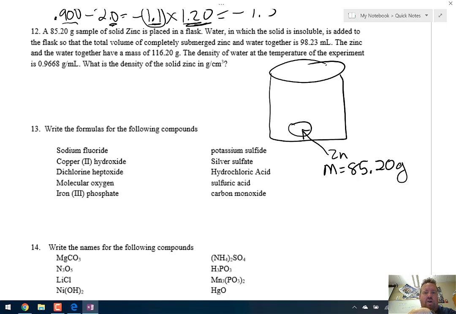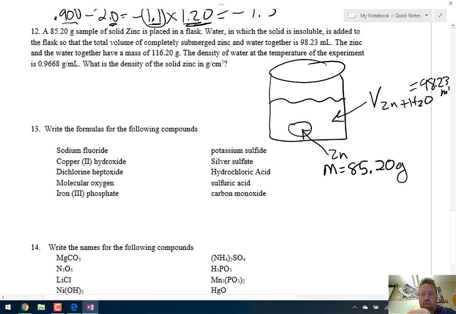So the total volume of the zinc and the water is 98.23. So I'm going to put some water in here. And I'm going to say volume of zinc plus water equals 98.23 milliliters.